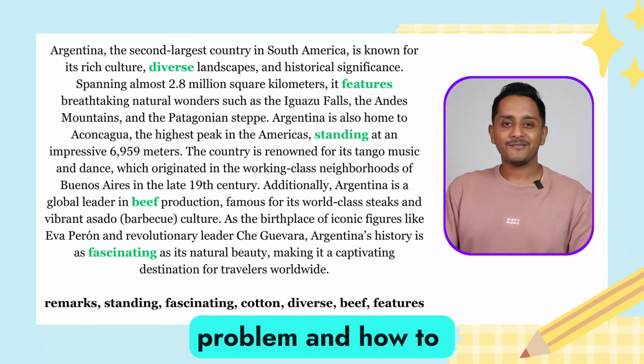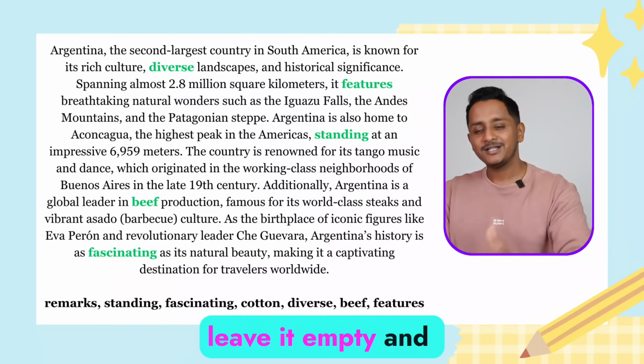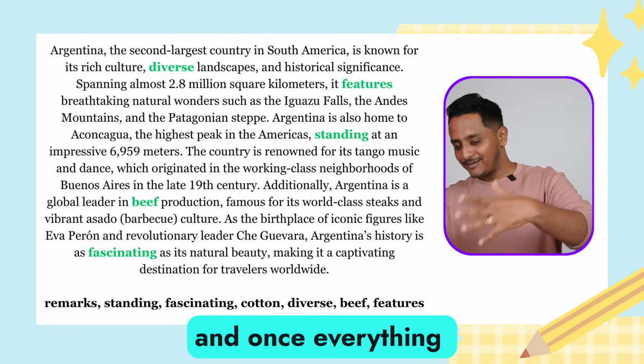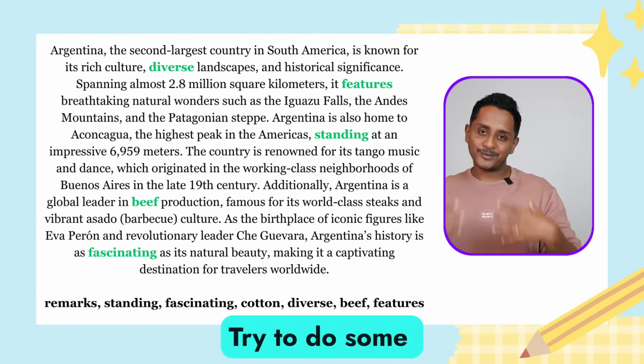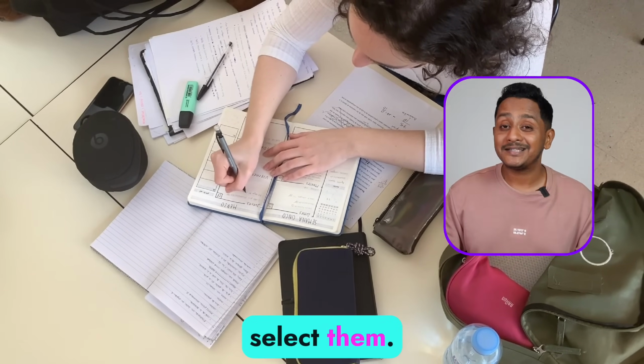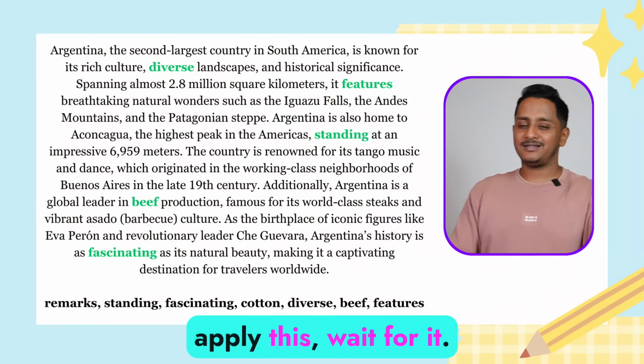So this is the problem and how to fix it. Like I told you, whichever is difficult for you, leave it empty and continue. And once everything is done, you can take your time, find the best fix, try to do some calculations and then select them. This goes with everything, whatever mistakes you have, apply this.